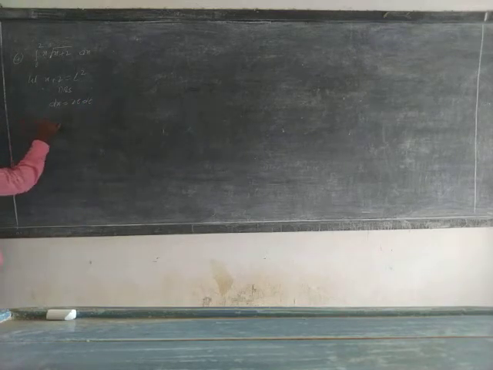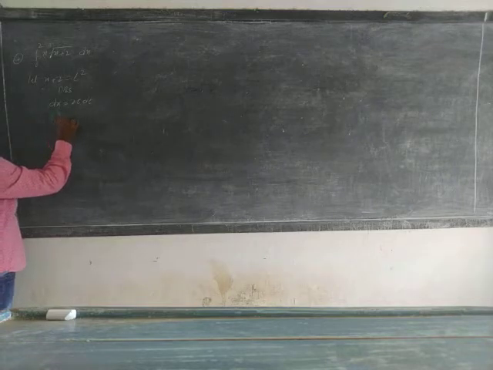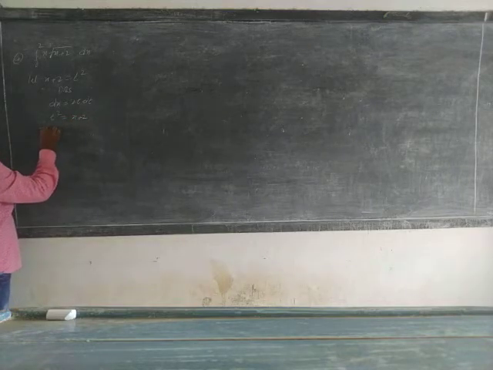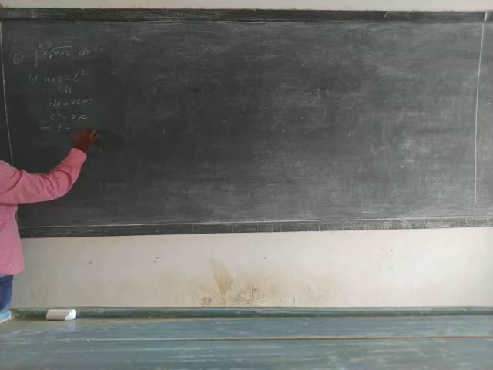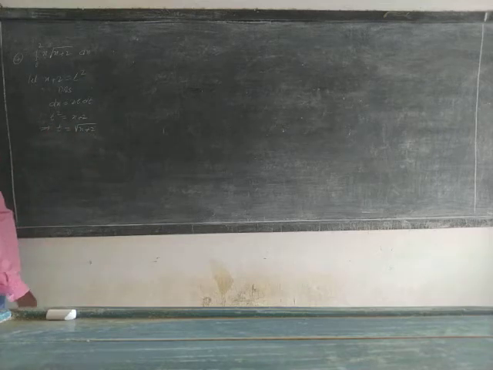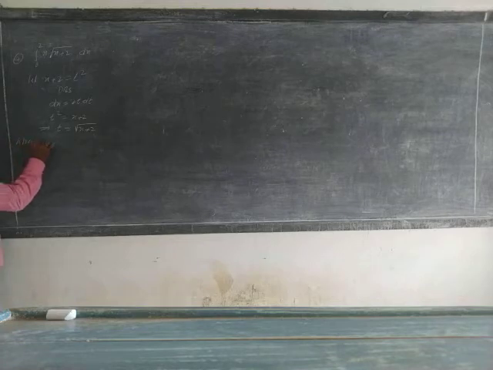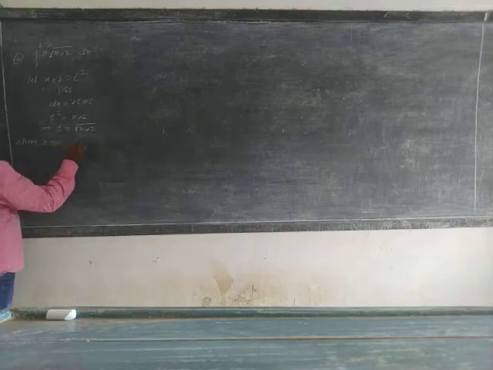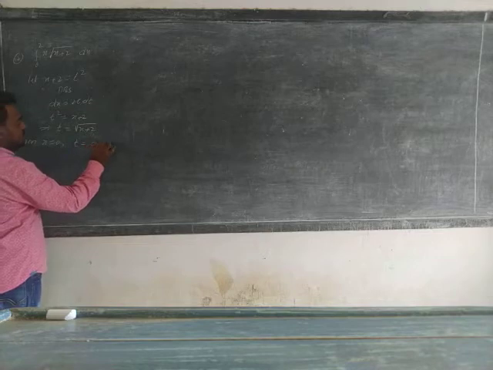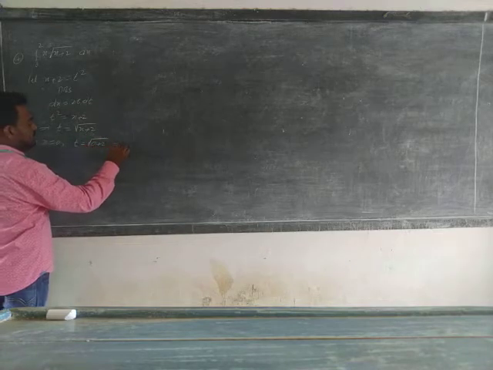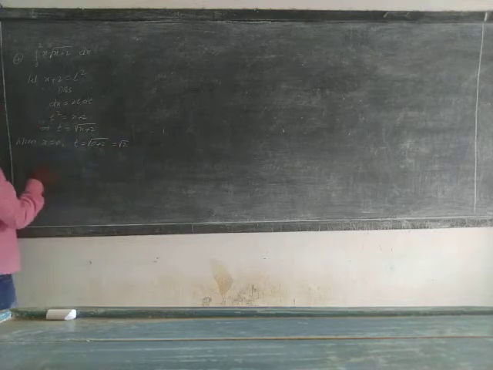Now, t square is equal to x plus 2. From this, t is equal to square root of x plus 2. Now when x is equal to 0, t is equal to the square root of 0 plus 2, that is root 2.